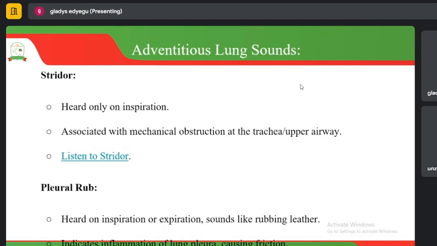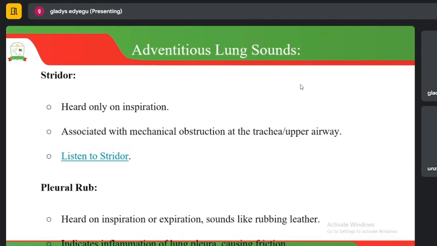When you get leather in your two hands and rub it together, the sound that you hear from that rubbing is just like the pleural rub sound. The pleural surfaces rub each other because there is maybe an inflammation around the lungs, giving you that kind of sound, like something is rubbing, and you may know that there is something happening at the lung pleura or the pleural cavities of the lungs.